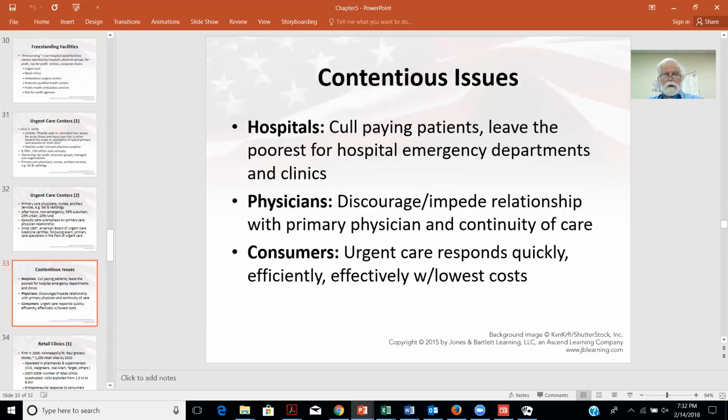From one side, the physicians actually interfere in some ways with the relationship with your primary physician, and interfere with the continuity of care. But from the consumer, they get more response. If you go into an ER, you might sit for hours before you get seen for say a simple fracture. Whereas you go into an urgent care center, you're likely seen very quickly.